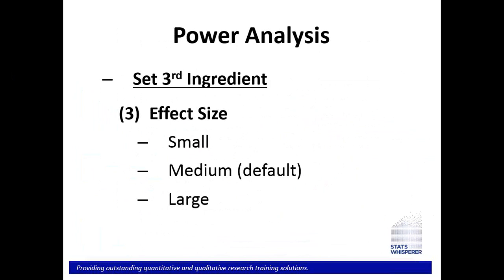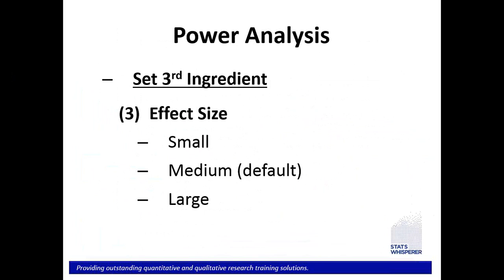And then the third ingredient, luckily, we've already talked about: effect size, right? Remember, the magnitude of the impact that one variable has upon another. For example, we might say, does living with a dog or a cat have a small impact on your happiness, right?